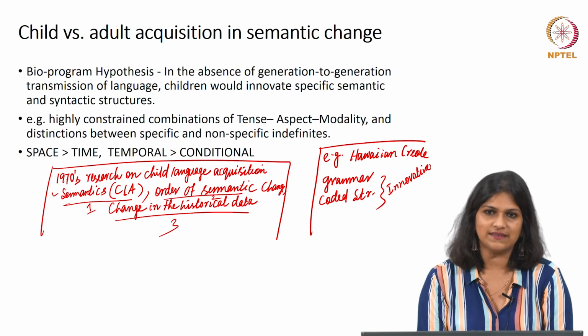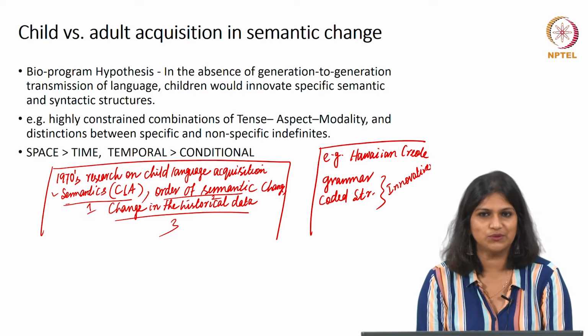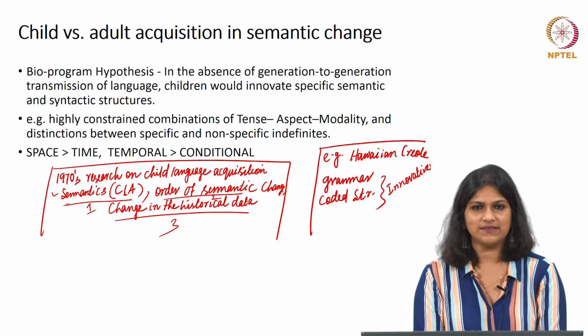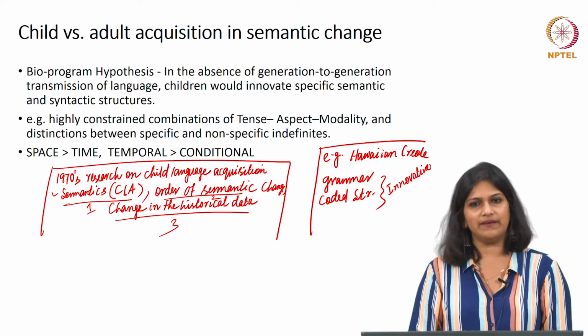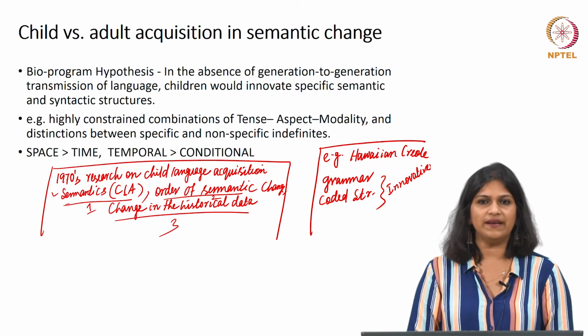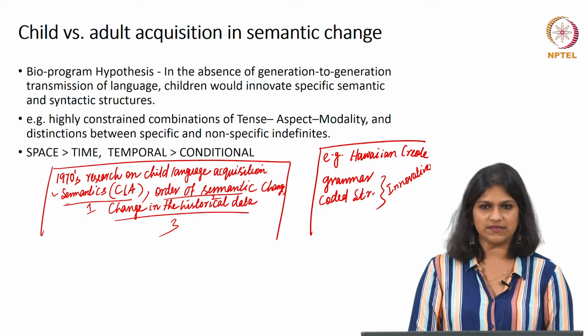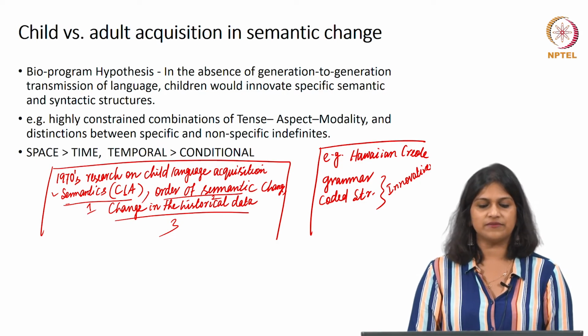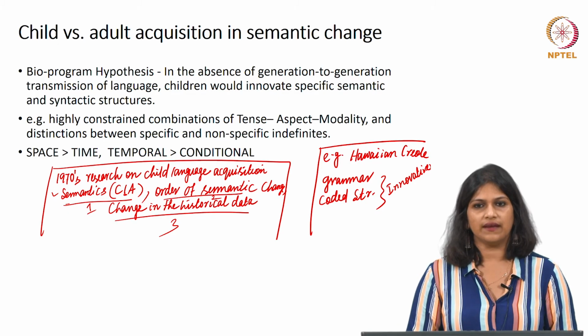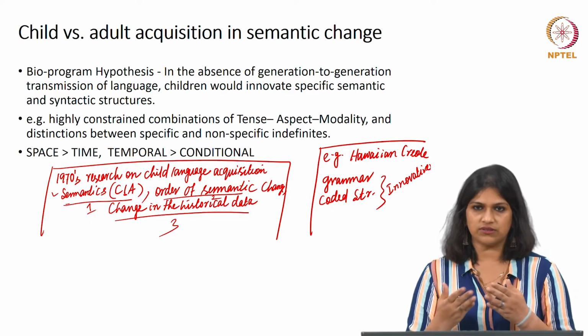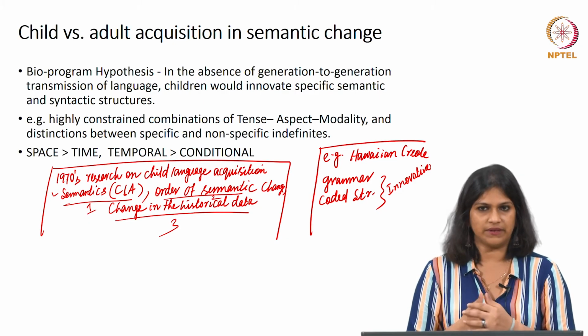So, the concern here is who has been given more importance, more privilege? It is children, right. It has been developed by the adults, but it has been spread and created by children. Why? The bioprogram hypothesis would suggest that because of the absence of generation to generation transmission of language, the children innovate the sentence structures as well as the semantic interpretation.